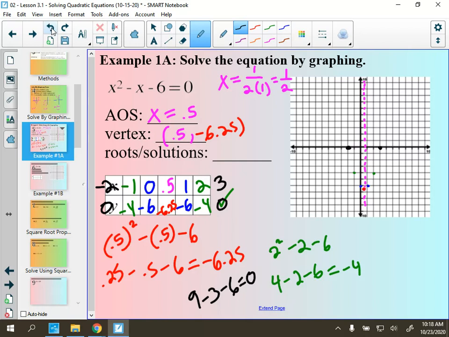Hopefully, if we're using this method, solve by graphing, this should happen, where I end up with some clean points for my x-intercepts. And that's actually one of the downfalls of solving by graphing. What happens when those x-intercepts aren't nice? They're not clean. They're decimals, irrational numbers potentially. Then our graphing method is somewhat limited.